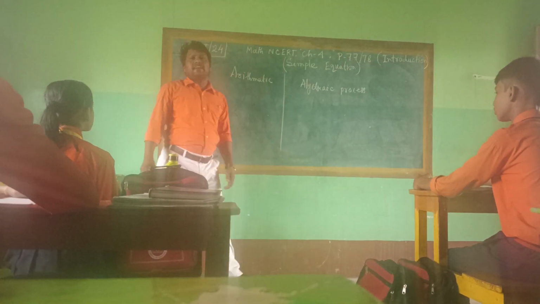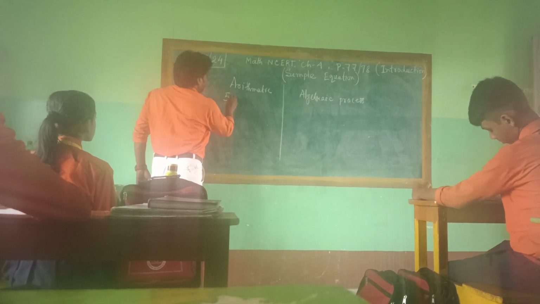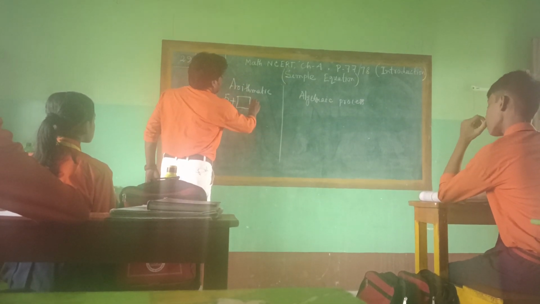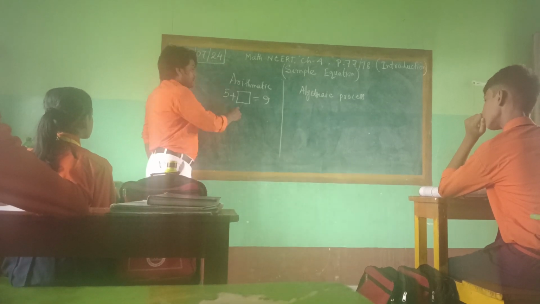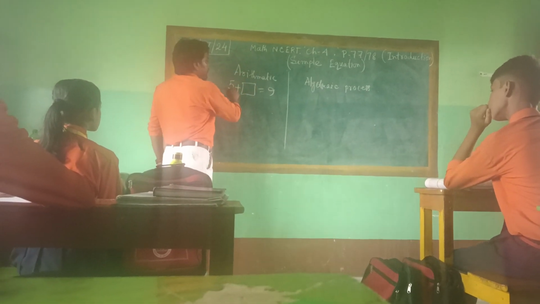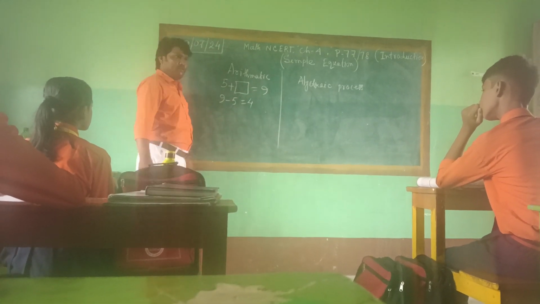Suppose up to standard 5 you have learned: what should be added to 5 to get 9? So what did you do? 9 minus 5. You have subtracted 5 from 9. Then you will get the result 4.